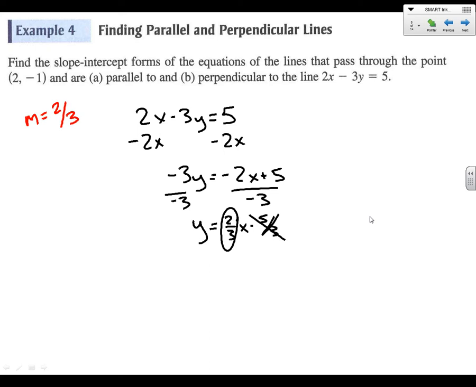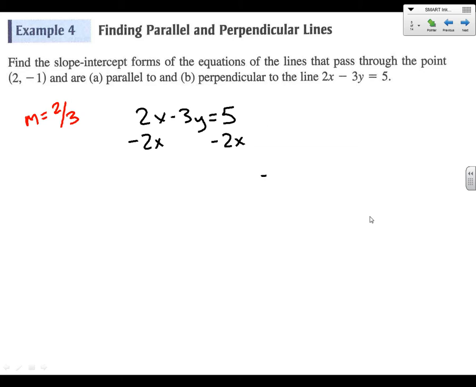Let's find the equations of the lines that go through that point that have this slope. I'm going to go ahead and erase this for space. So that would be parallel. If I'm parallel, I go y minus y1, negative 1, equals m. Since I'm parallel, I'm going to have the exact same slope as this line.